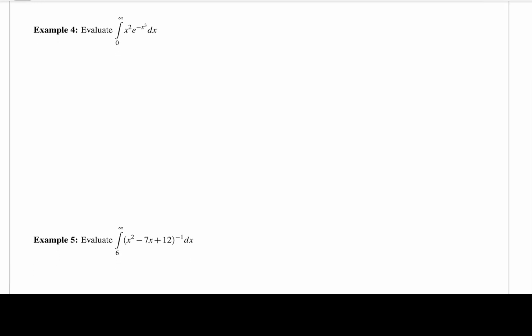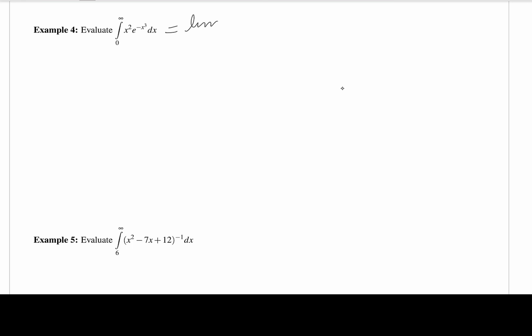Alright, let's look at example 4. This is a great time for us to combine a couple of things in one problem. The first thing we're going to use is what we just learned, which is how to rewrite this using limits.